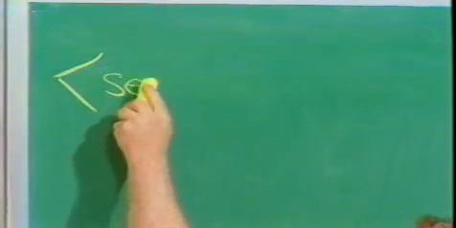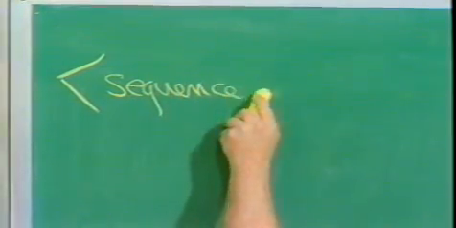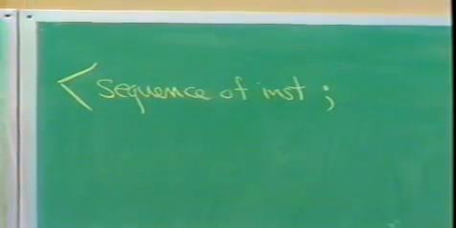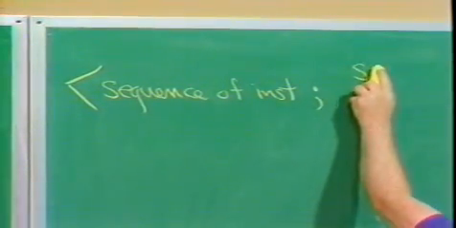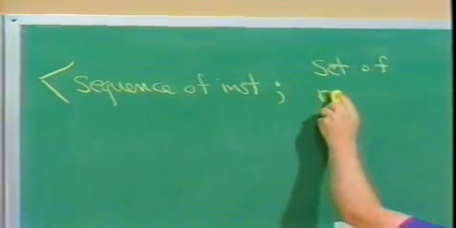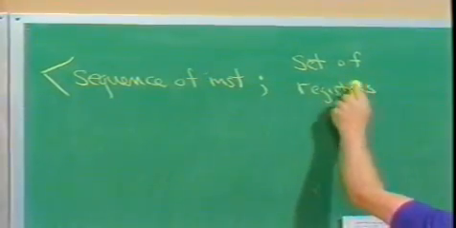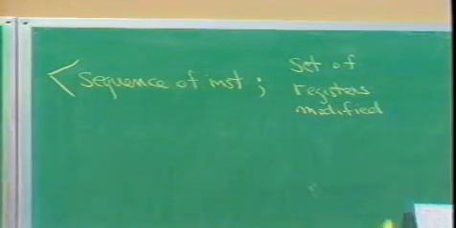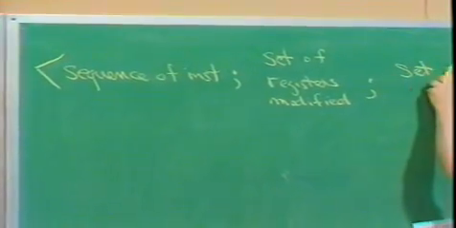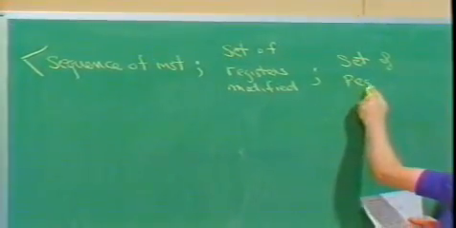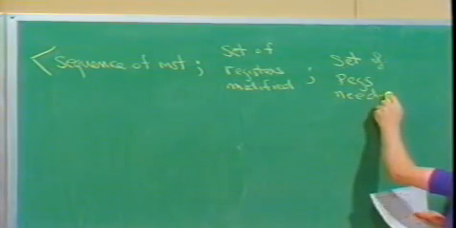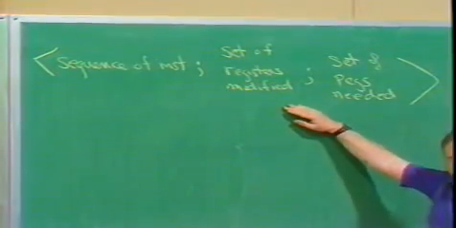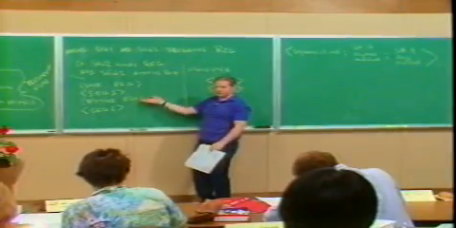It has the actual sequence of instructions, and then along with it, there's the set of registers modified, and then there's the set of registers needed. That's the information the compiler draws on in order to do this operation.